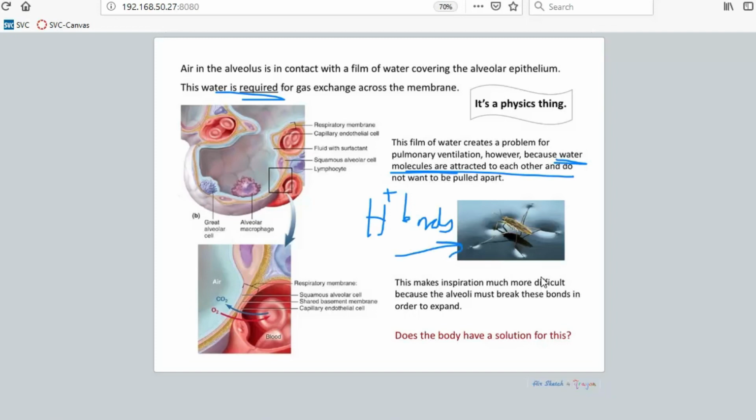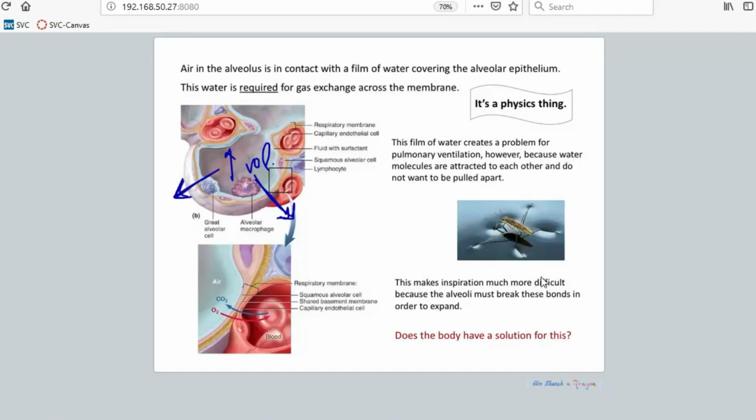And that creates a problem for pulmonary ventilation, because specifically during pulmonary ventilation, these alveoli need to expand. They need to increase their volume. And those respiratory muscles pull on connective tissue, the connective tissue pulls in on the alveoli to increase the volume here.